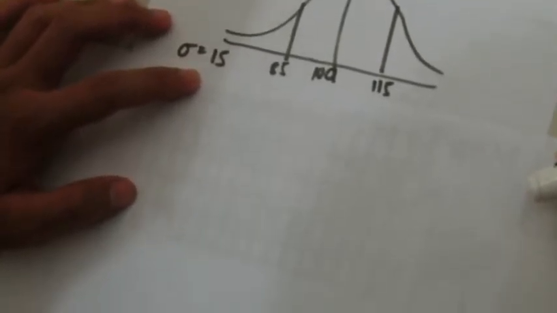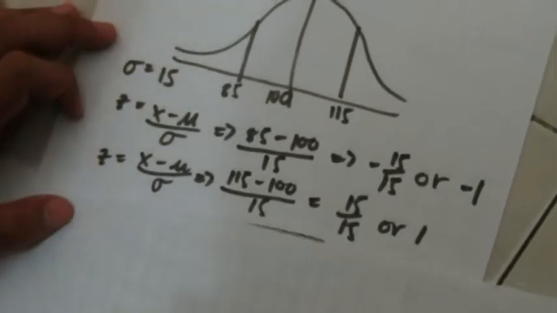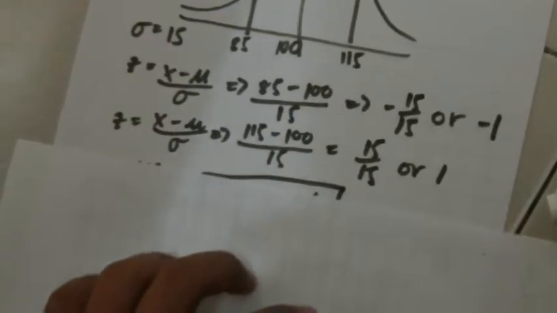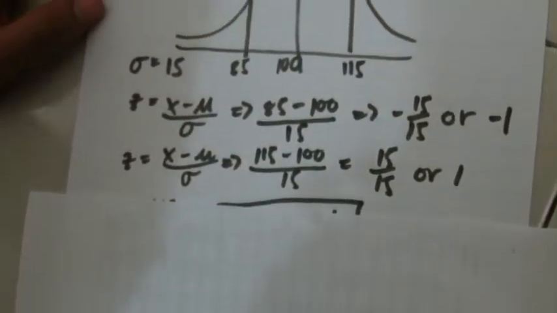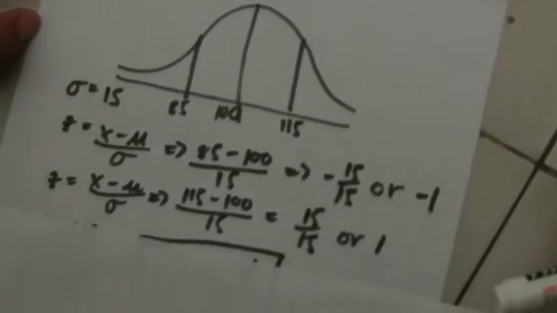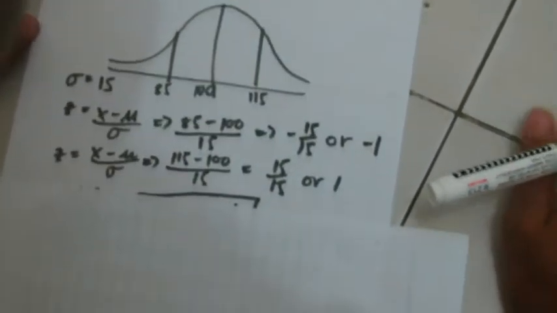Since you are knowledgeable of solving for the z-score, I assume you already know how to solve this. So if you try to solve this problem, you'd get -1 for 85 as the sample score, and a +1 for the 115 sample score.